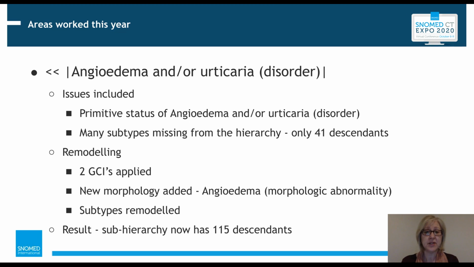In addition to that, a new morphology value was added, angioedema, and subtypes were remodelled. As a result of all the work in this area, the sub-hierarchy now has 115 descendants. This work was done for the July 2020 release, so you'll be able to see it in the browser if you went to have a look.